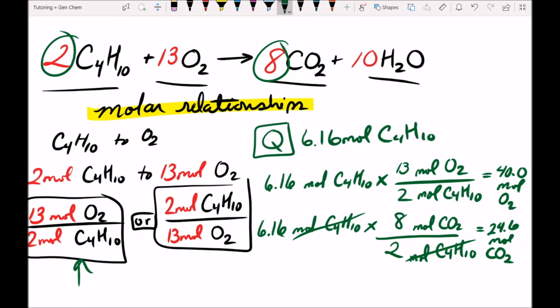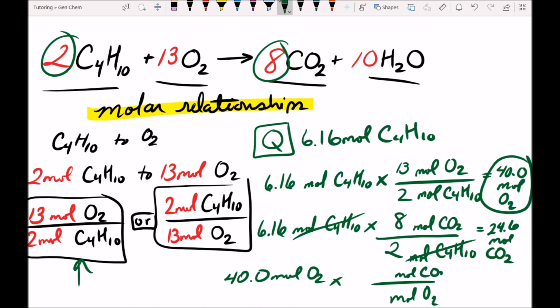And just to show you, you don't need to start with moles of butane. We could start with this number of moles of oxygen, so we can do 40.0 moles of oxygen. And we can multiply that by a molar ratio to get the same number of moles of CO2. So if we multiply that by moles of O2 in the denominator and moles of CO2 in the numerator, we know that 13 is the coefficient for O2 and 8 is the coefficient for CO2.